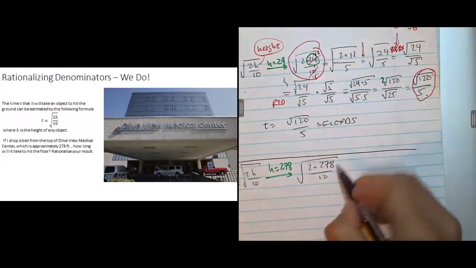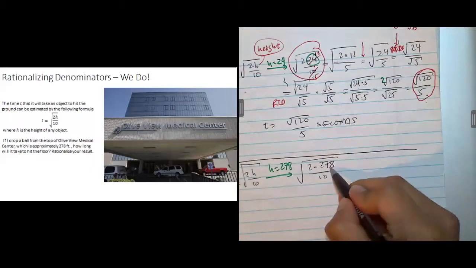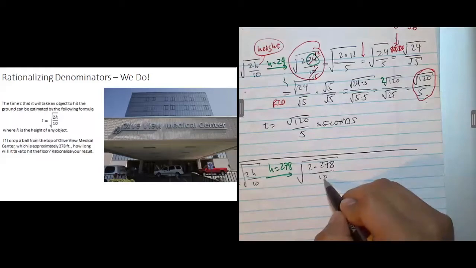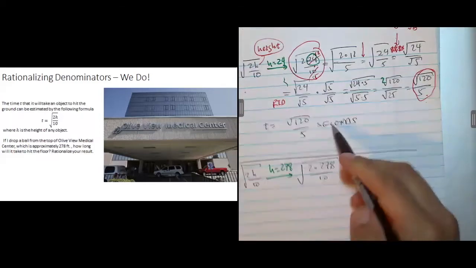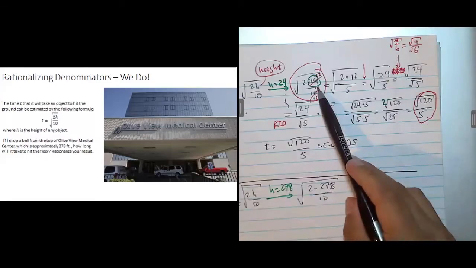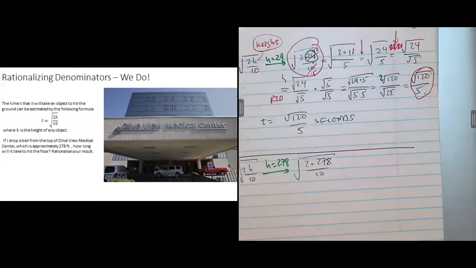Since there's an 8 in 278, that implies that it is an even number, divisible by 2, and 10 is also divisible by 2. So just like this problem, I can reduce it.